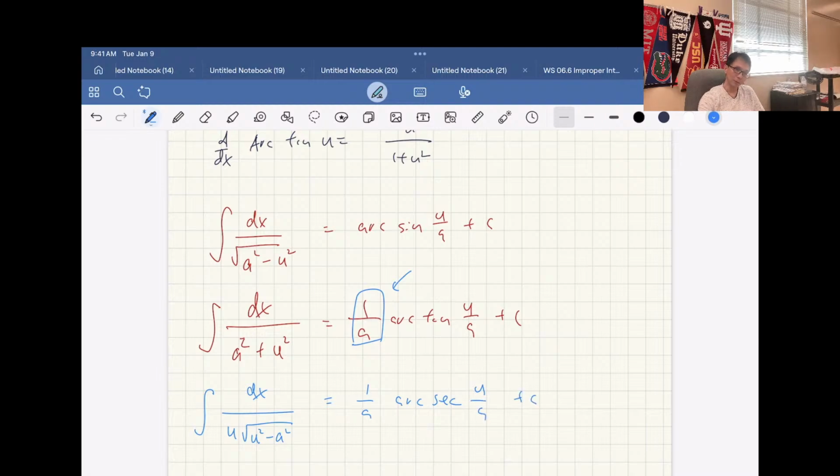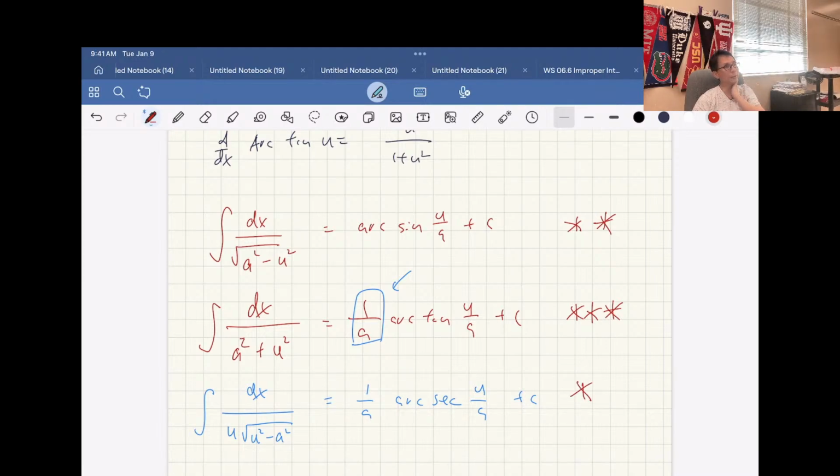Now, in terms of priority, if you had to memorize two equations, arc tangent is easiest to remember. It's a squared plus u squared, very friendly, no negative signs. The second one is a squared minus u squared, so this is the second star. And this one, the arc secant, almost never happens, so I only give it 1 star.